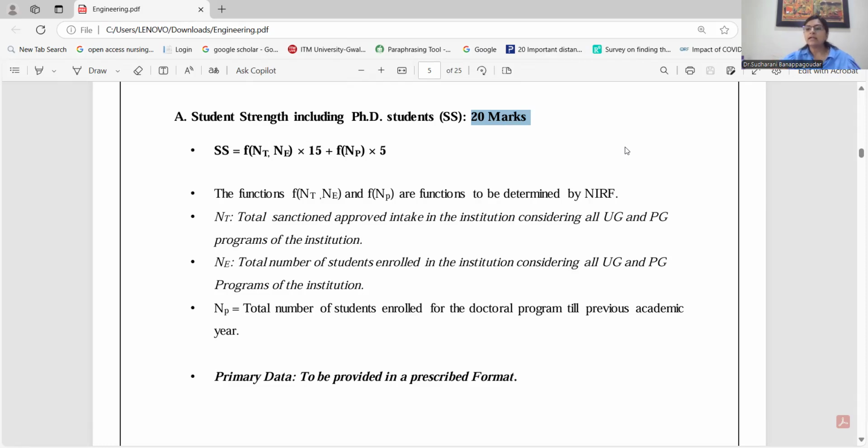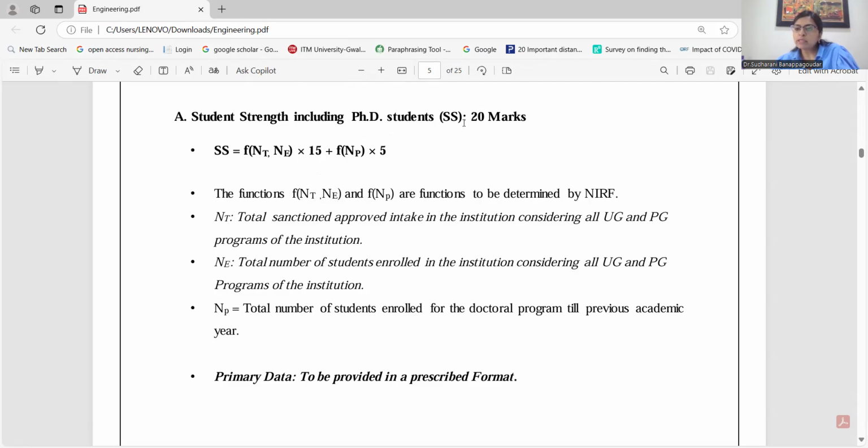Now, let us consider one more example of how to score full marks here. Out of 20, how much will we be getting? The approved intake equals the enrolled intake, that is the best option. If the UG and PG student strength is more, and when UG and PG are equal, then automatically the overall weightage increases.